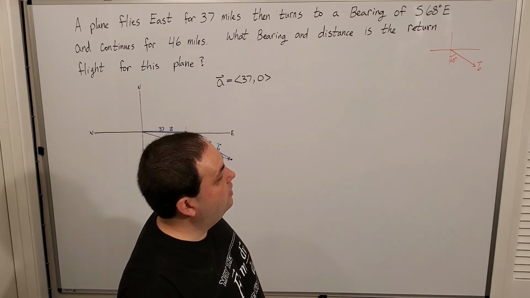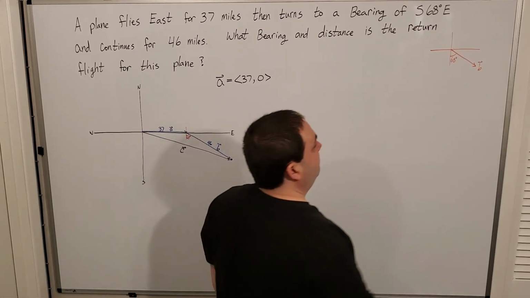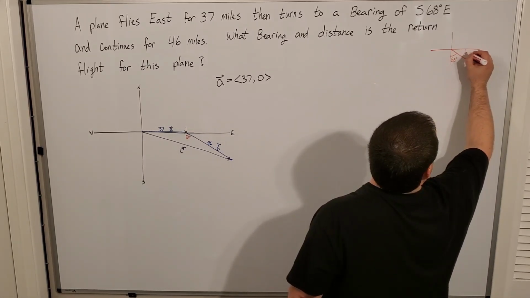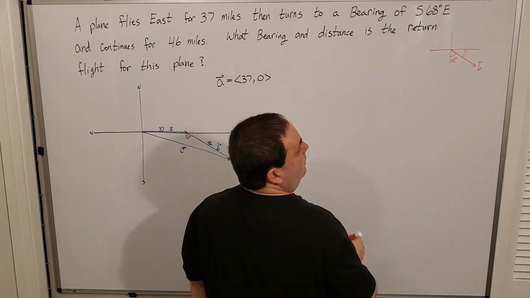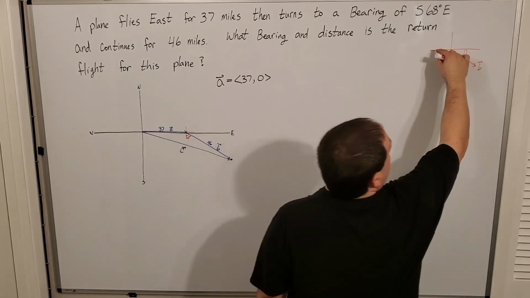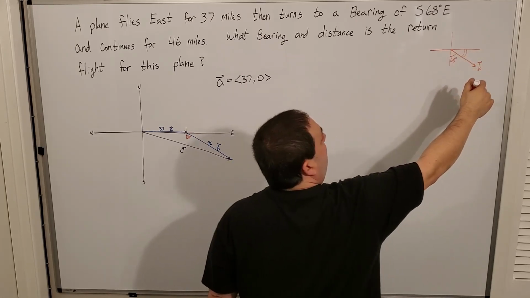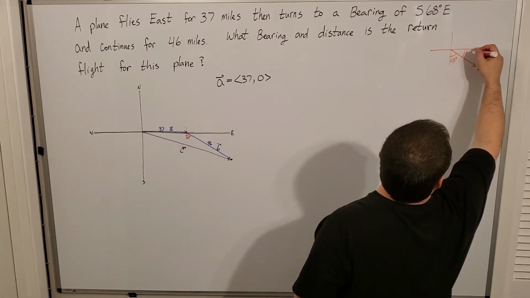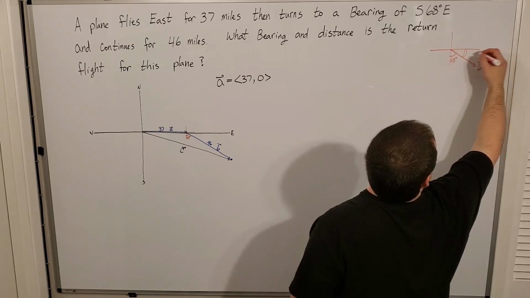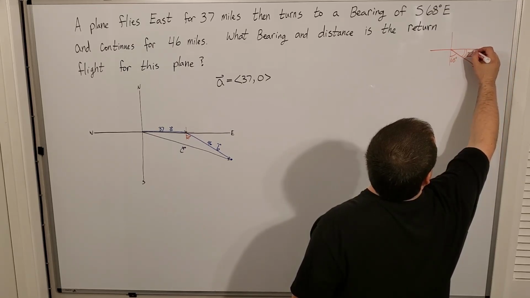We know that this angle is 68 degrees because of the way bearing works. But that's not the angle that I would use to create vector B. Vector B, I would use this angle over here to create, right? Because that's typically our x-axis-ish type of thing. I would use the 90 minus the 68, which would give me 22 degrees.